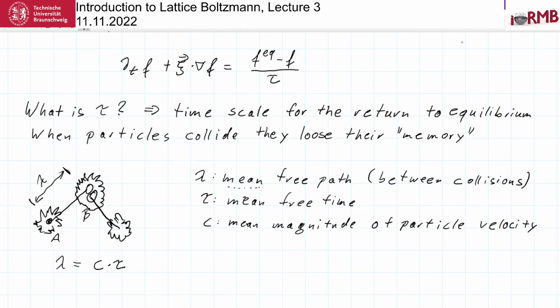It's important that it is the magnitude, because when you regard gas at rest, then the mean particle velocity would of course be 0. But this is not what we mean. We mean the mean of the speed, and that is of course not 0. It is more related to the speed of sound, proportional to the speed of sound up to a constant of order 1.